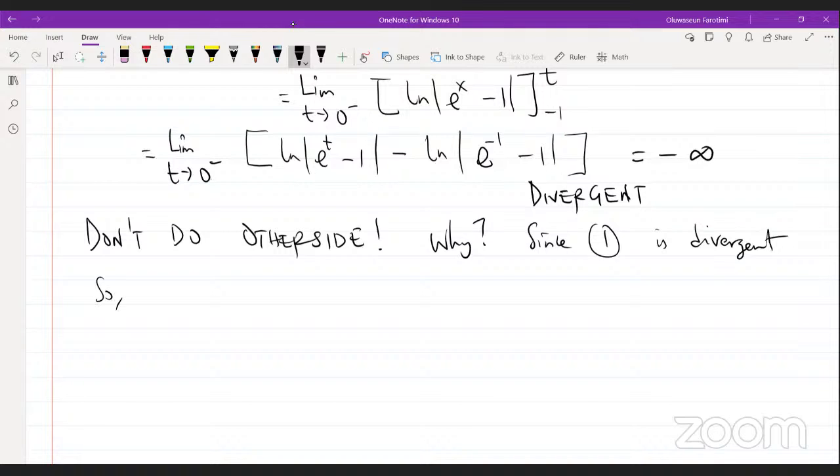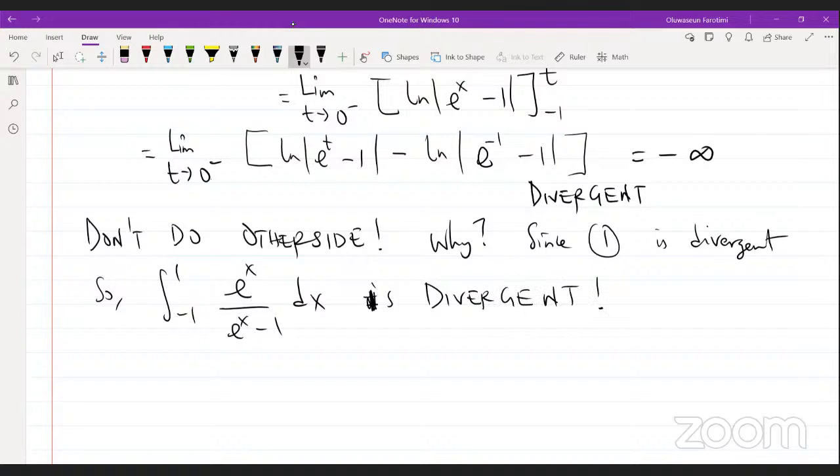The integral from -1 to 1 of e to the x divided by e to the x minus 1 dx is just going to be divergent. Make sense, guys?